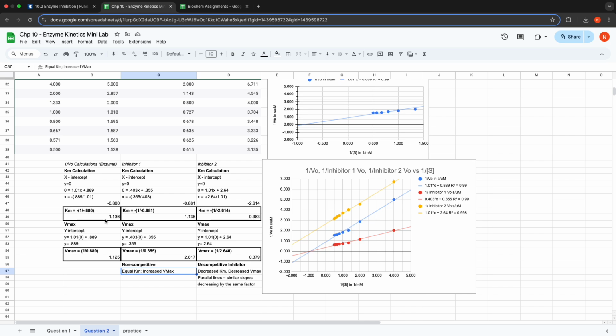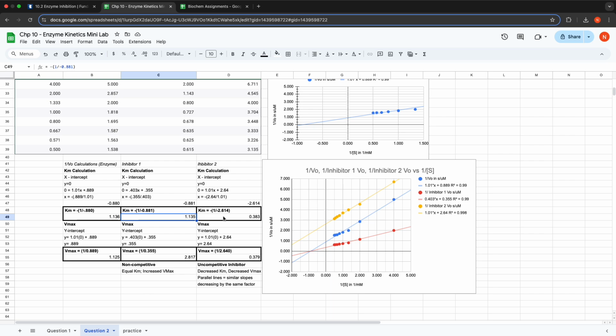Our Kms are, for the most part, identical: 1.136 to 1.135, just 1/1000th off. That, combined with the increased Vmax, tells us that it's a non-competitive relationship between this inhibitor and the enzyme.